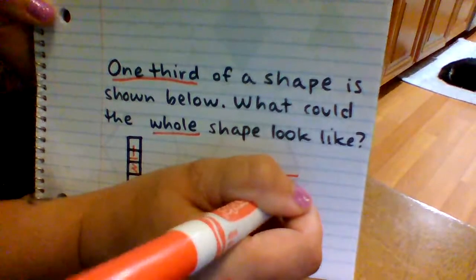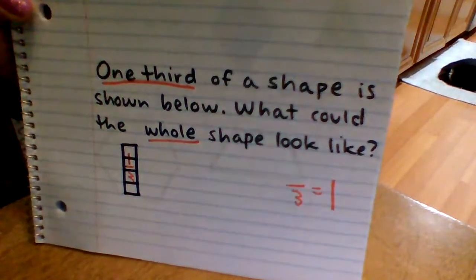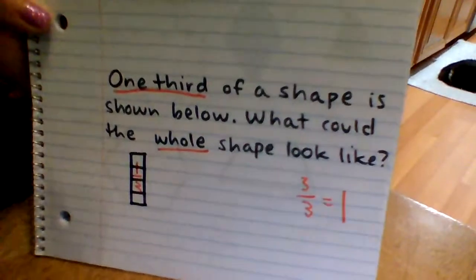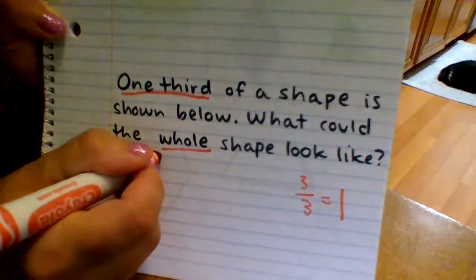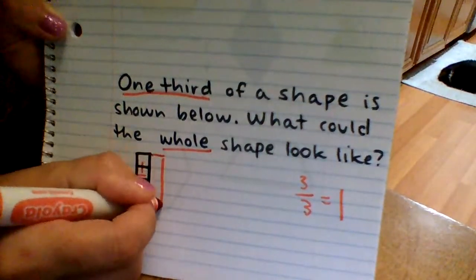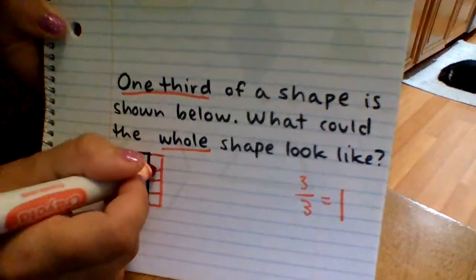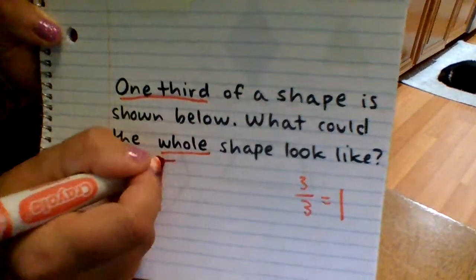How many thirds are equal to one whole? 3 thirds, right? So if this is 1/3, we can draw out the other 2 thirds, and then we'll have 3. So we have 1/3. That would be 2 thirds, right? This is another one, 2 thirds. And then one more.